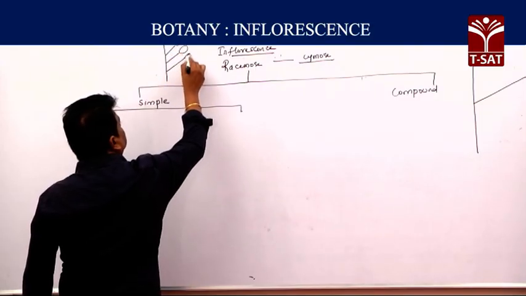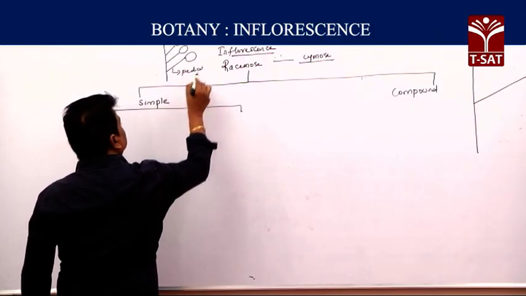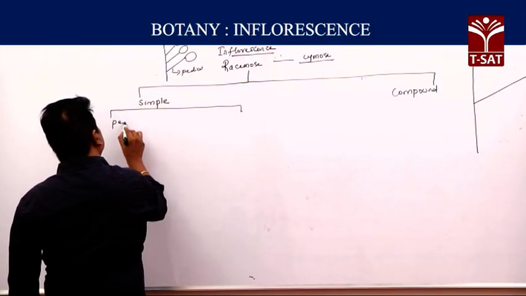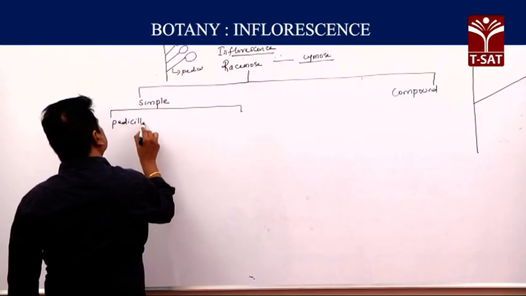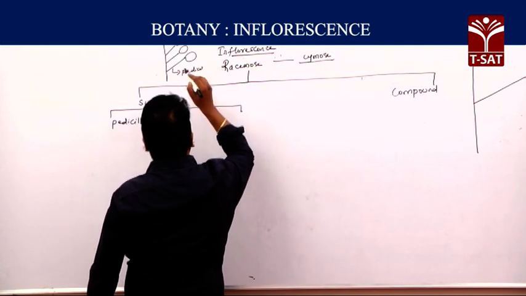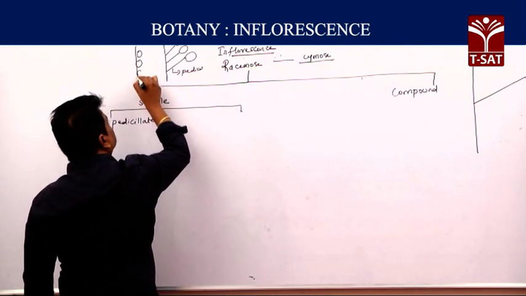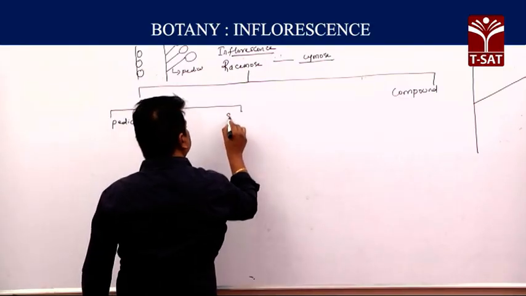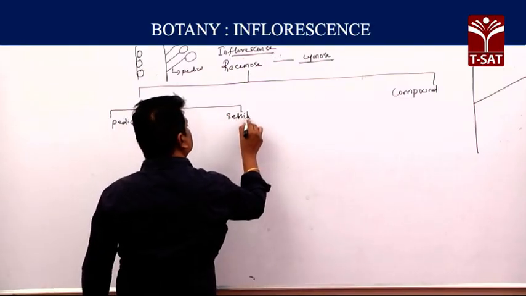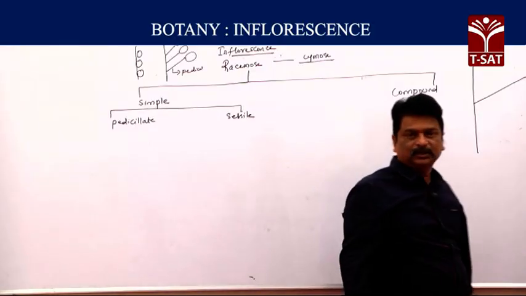Each of them is of two types. In simple, unbranched peduncle, if flowers have a pedicel, they are pedicellate; if it produces stalkless flowers, it is called sessile.